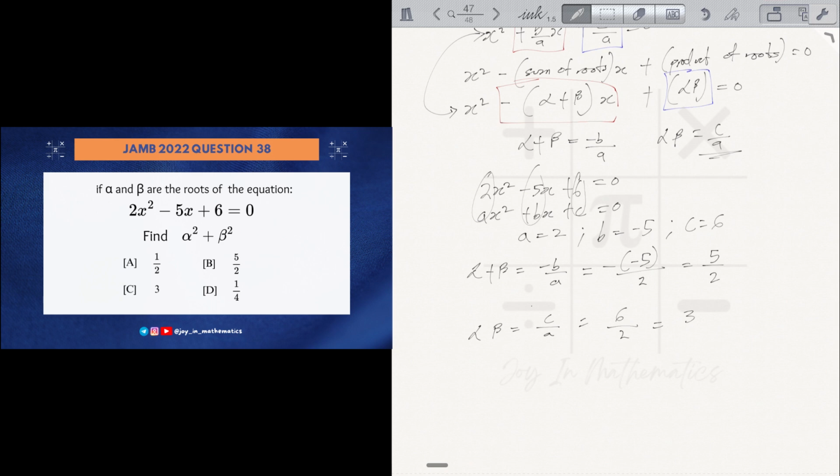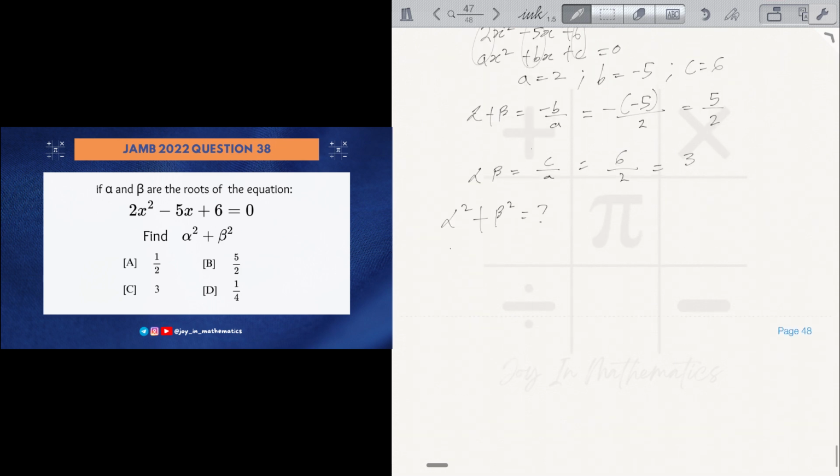Now I want to find an expression for alpha squared plus beta squared. Now, if we go in the direction of alpha plus beta all squared, we know that a plus b squared is equal to a squared plus 2ab plus b squared. Therefore, alpha plus beta squared will be equal to alpha squared plus 2 alpha beta plus beta squared.